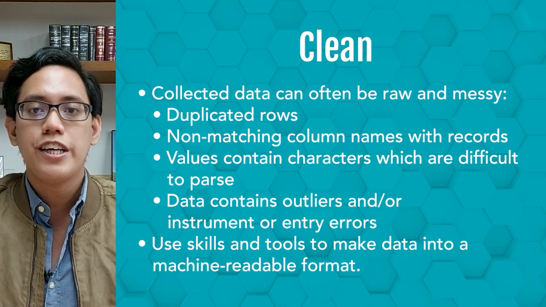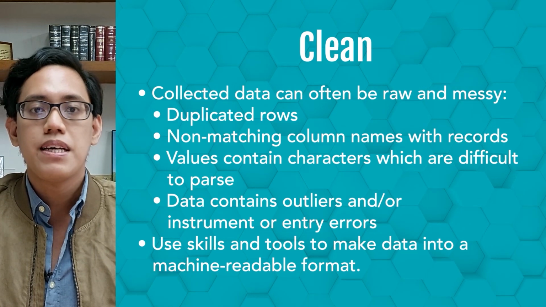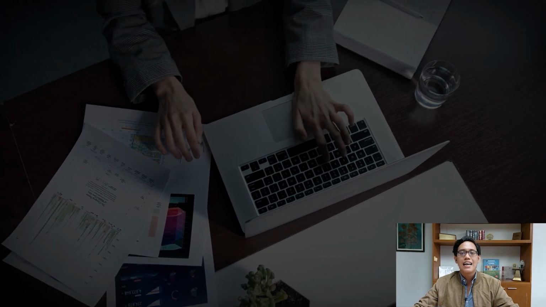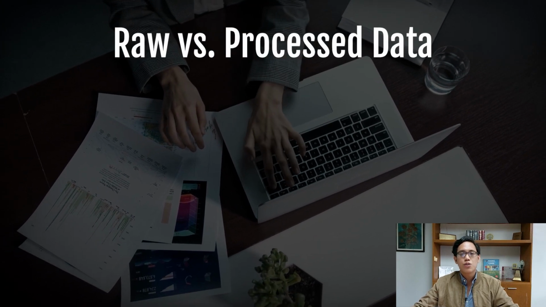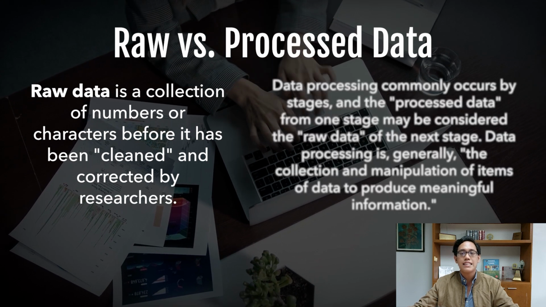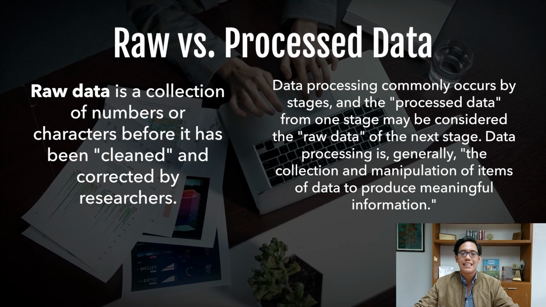Data processing commonly occurs in stages, so the so-called processed data from one stage may still be considered raw data in the next stage. As researchers, we want to clean the raw data to correct for errors, account for outliers, and transform the data in order to produce information that will be meaningful for our actual analysis.